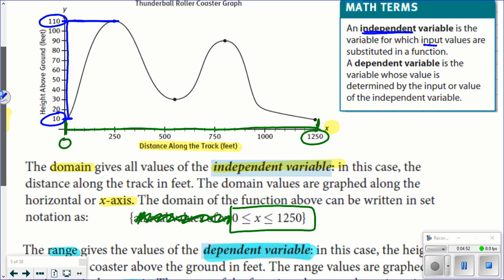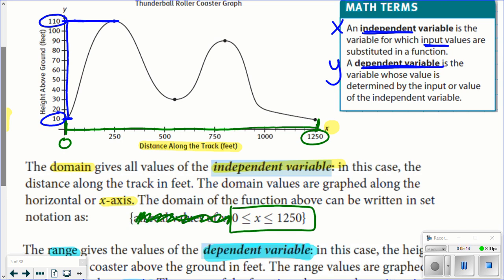Independent, input values. Your dependent variable is determined by the independent variable. Those are our outputs. Okay, so the independent is x, the dependent is y.